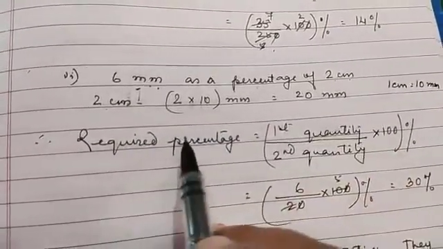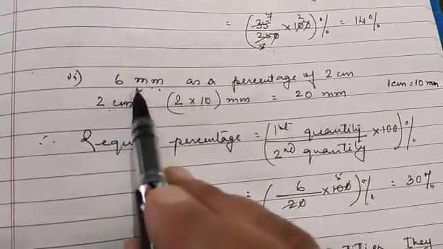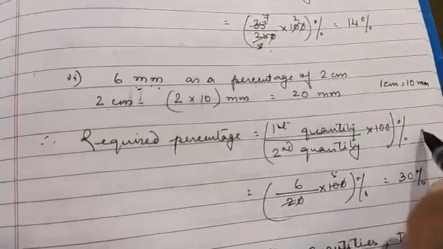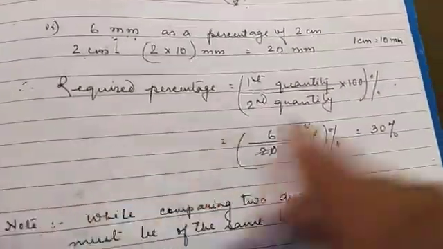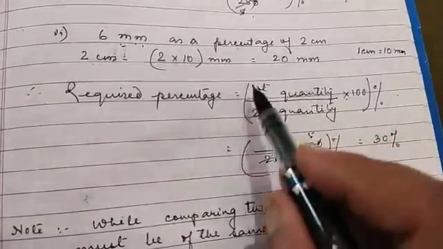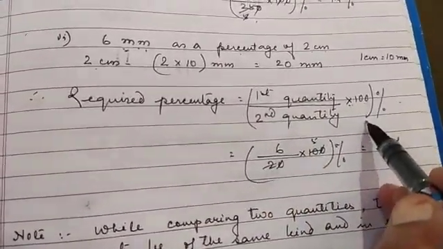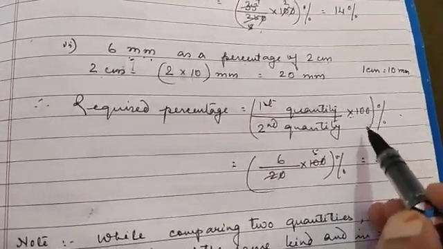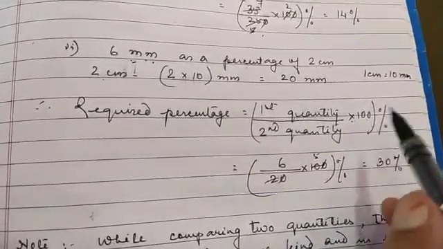Then the required percentage will be first quantity by second quantity into 100, then percent. Okay, when you multiply anything by 100, you enclose the whole thing inside the bracket and give the percentage sign.